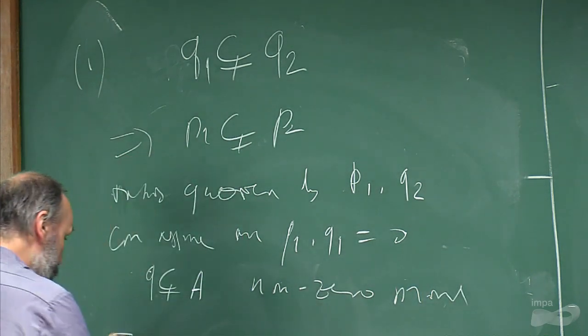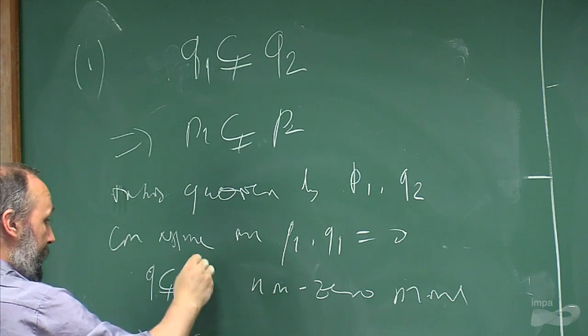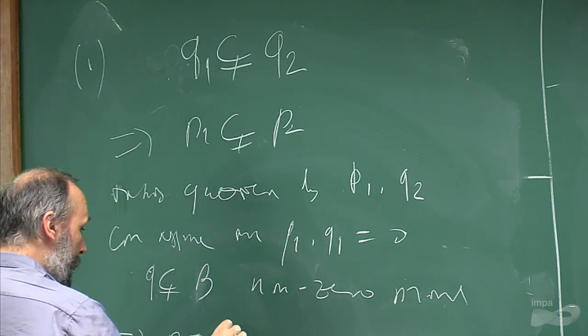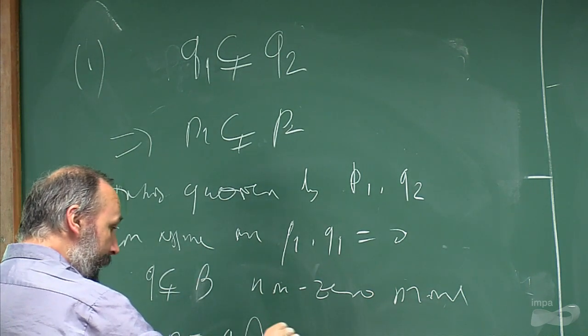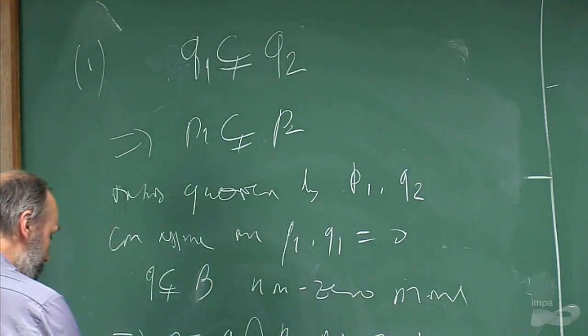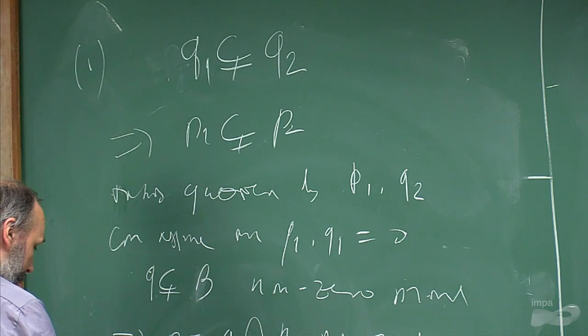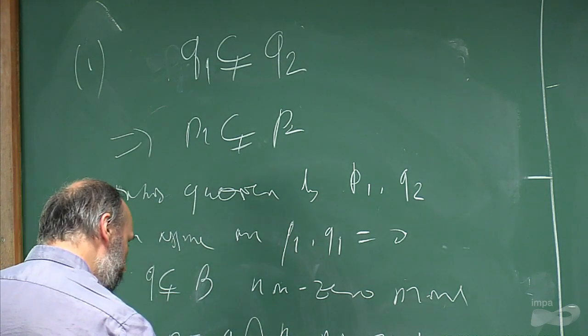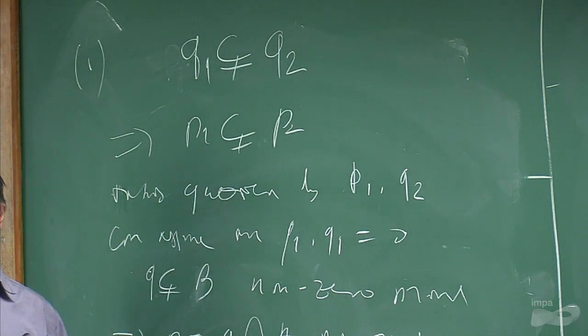And you need to show that inside B, P, which is equal to Q intersected with A, is non-zero. This is precisely lemma 1. Okay? Good.